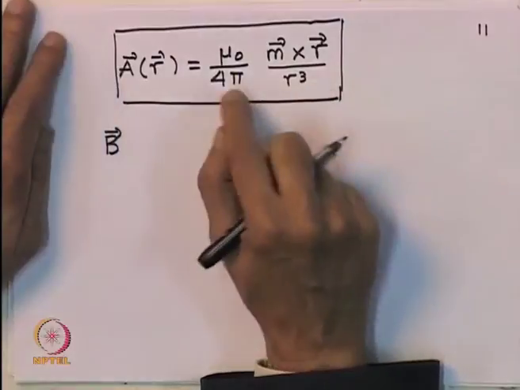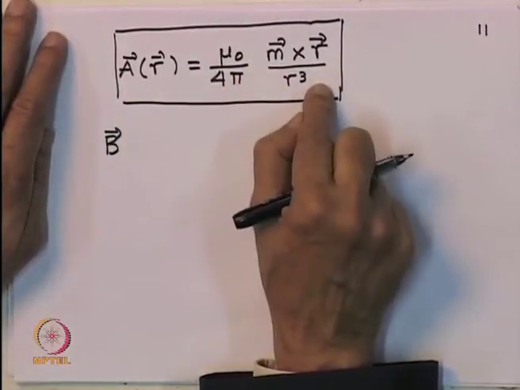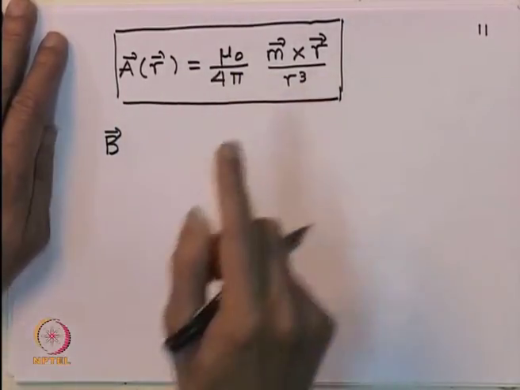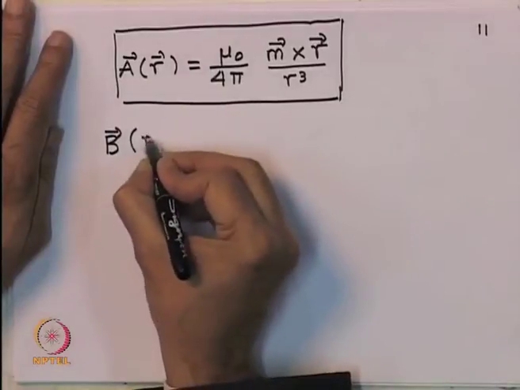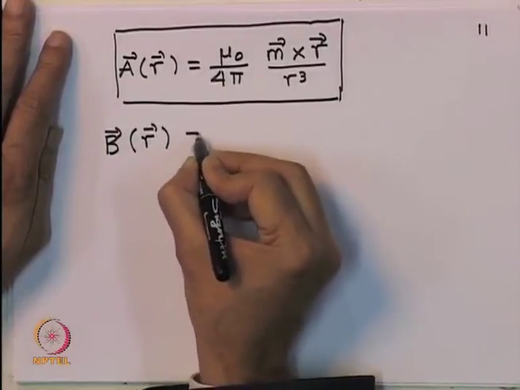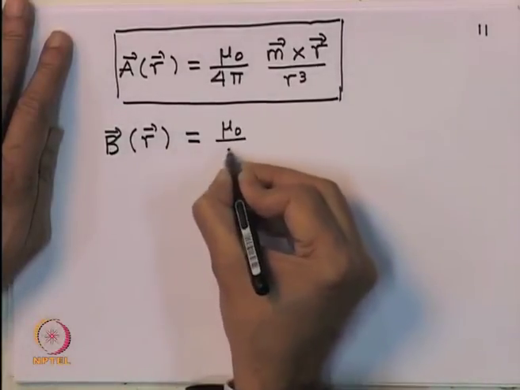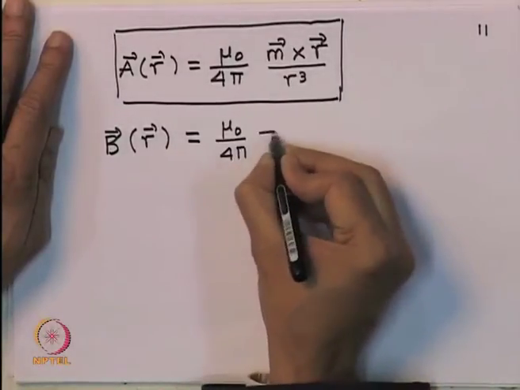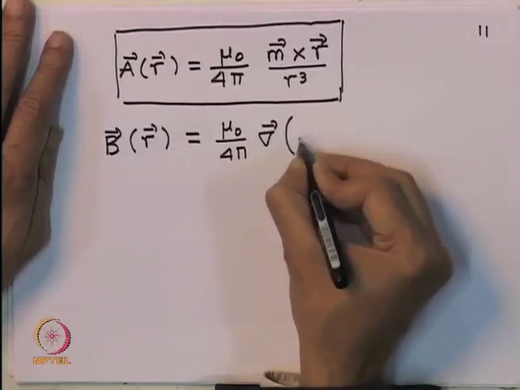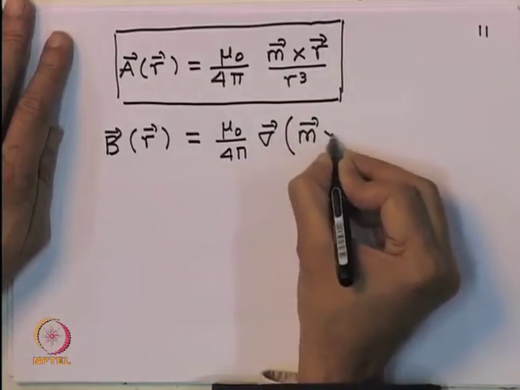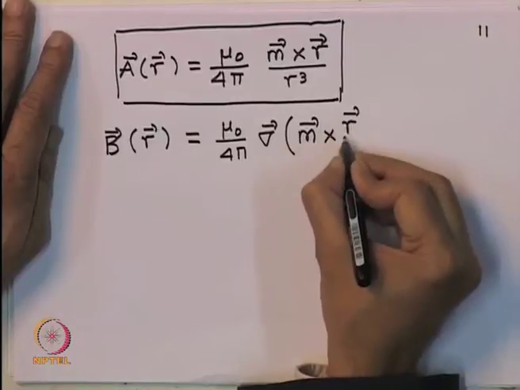So, what we are going to do is this. Since, to the order of approximation which we have used, this is a general expression, B of r due to a magnetic dipole is given by mu 0 by 4 pi del cross m cross, I will take the second vector as r by r cube.